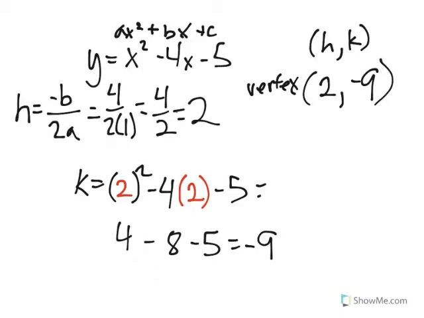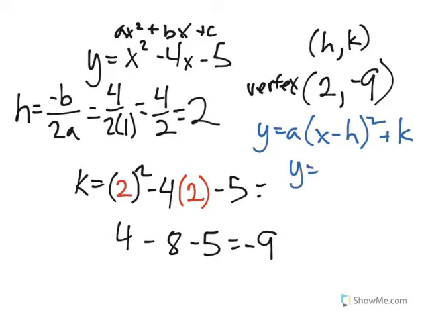Now, all we need is the vertex and the roots in order to graph. I am going to do one additional step, which is write this into vertex form. And just as a reminder, vertex form is y equals a times (x minus h) squared plus k. So for this equation, my a value is 1, so I would have y equals 1, but I don't need to write the 1.